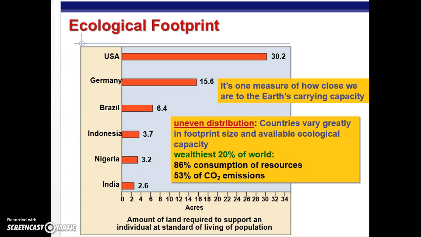So you can see here that the amount of land required to support an individual at a standard of living is very different in the U.S. as opposed to in India. It's one way to measure how close we are getting to the Earth's carrying capacity. And this is showing that there's a very uneven distribution in the ecological footprint between the U.S. and, for example, India.